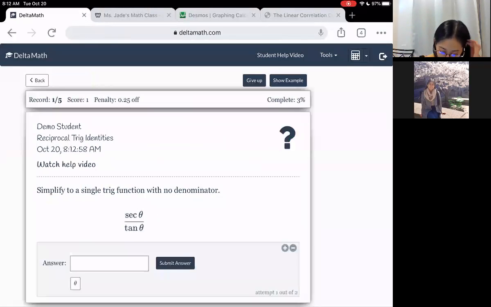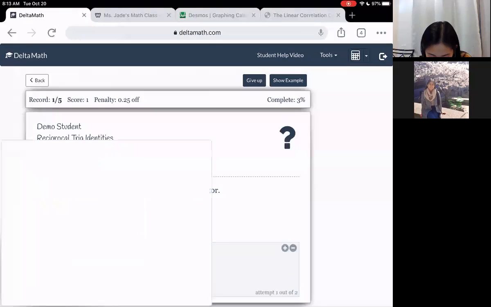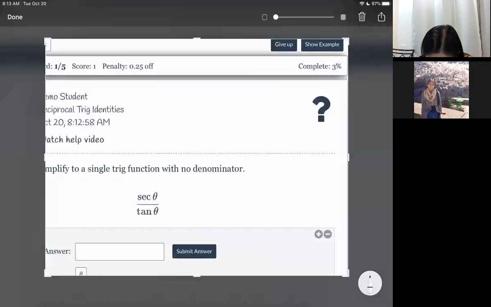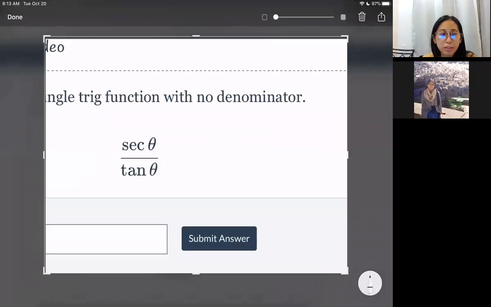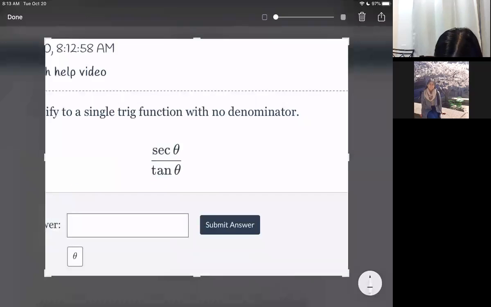Okay, let's do another. We got secant over tangent. Hopefully you guys have that chart written down from earlier because I don't have space to rewrite it. Let's replace secant with what it is in our chart. So secant is 1 over cosine.